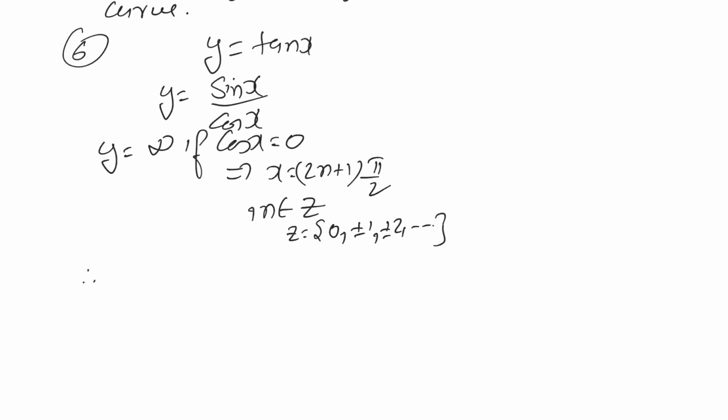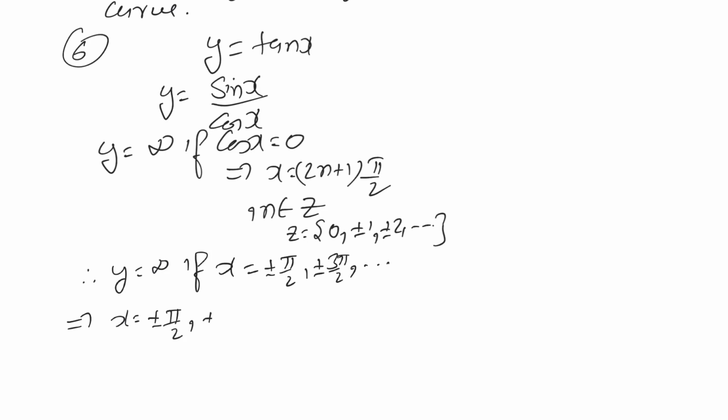Therefore, y is equal to infinity if x is equal to plus minus pi by 2, plus minus 3 pi by 2, and so on. This implies that x is equal to plus minus pi by 2, plus minus 3 pi by 2 are the vertical asymptotes.